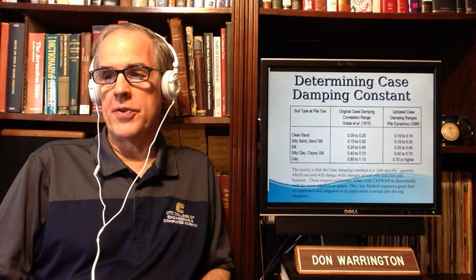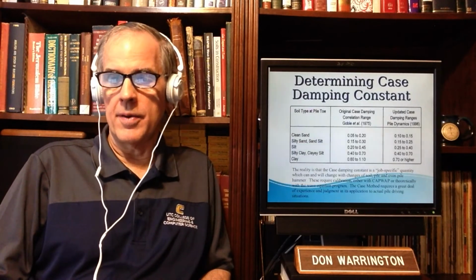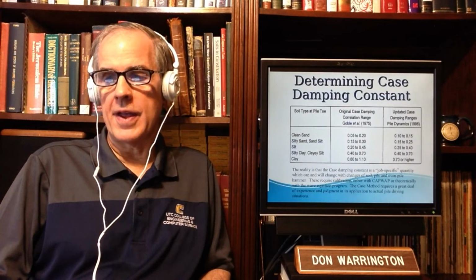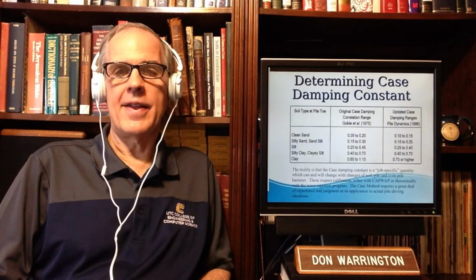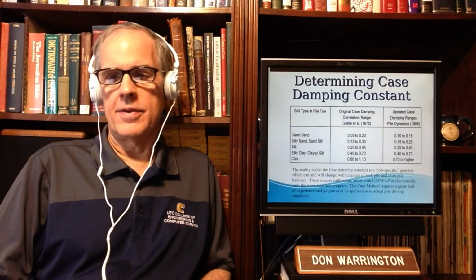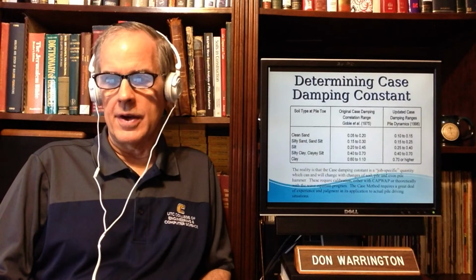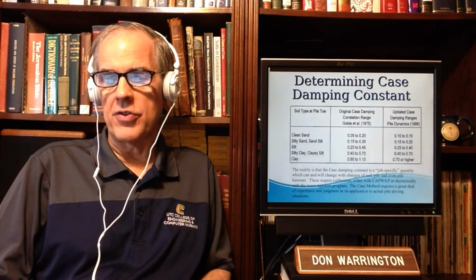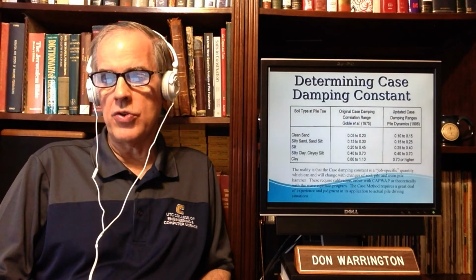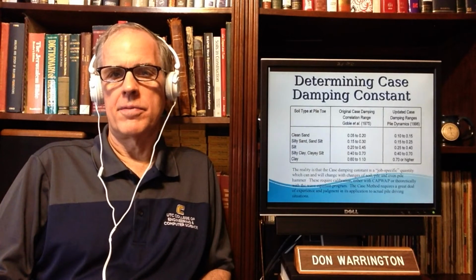If, however, you have to determine the Case damping constant, these are typical values. In reality, and this is where something a lot of people don't appreciate about the Case method, is that the Case damping constant is a job-specific quantity, which can and will change with changes of soil, pile, even pile hammer. It's job-specific, in other words.